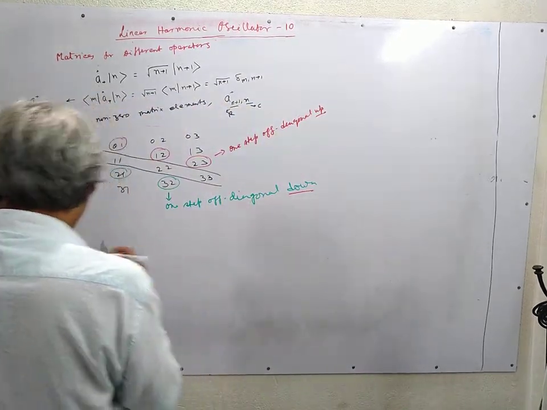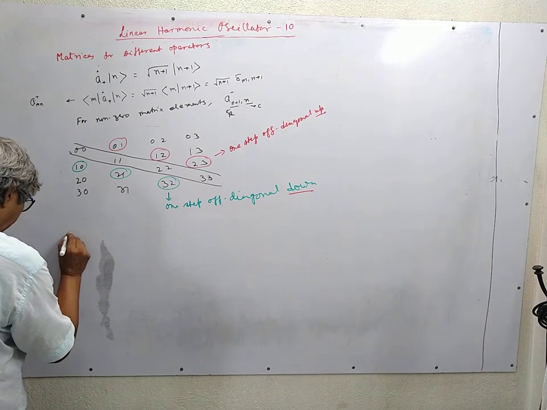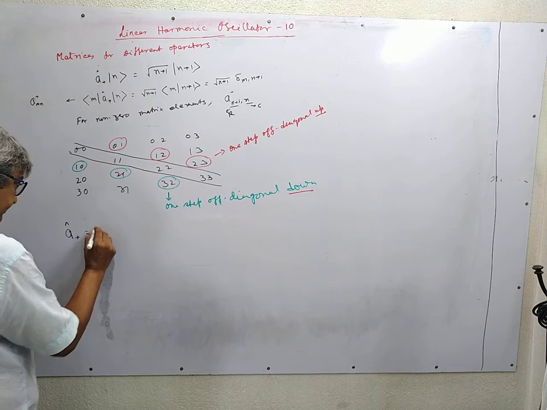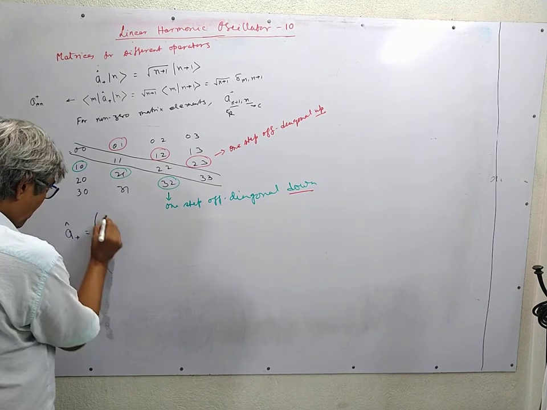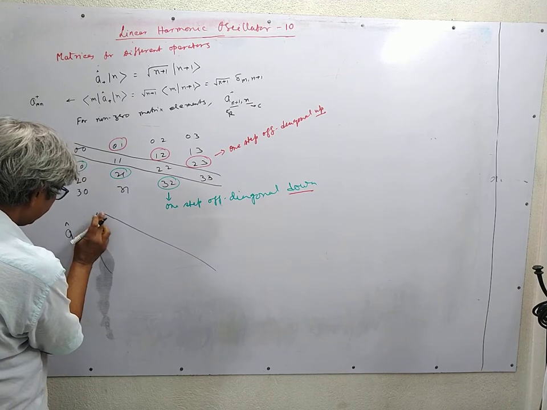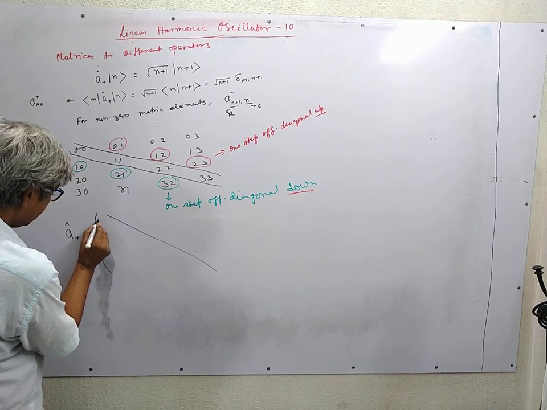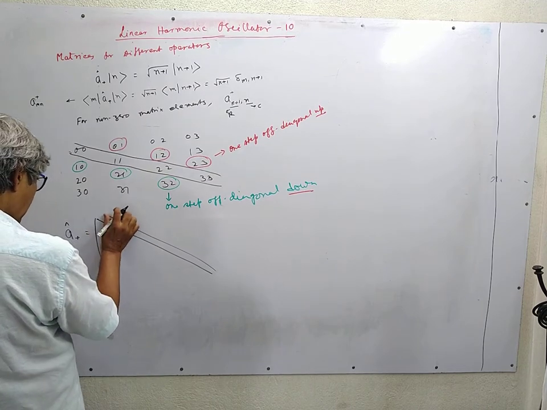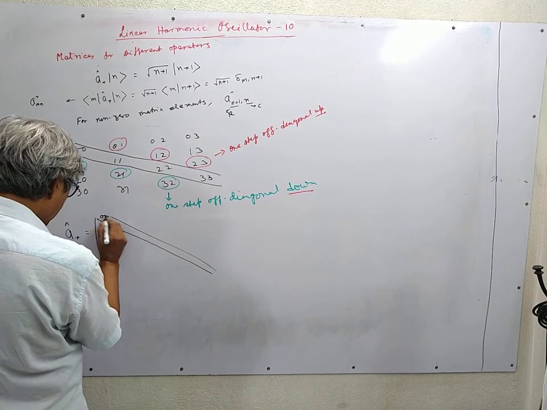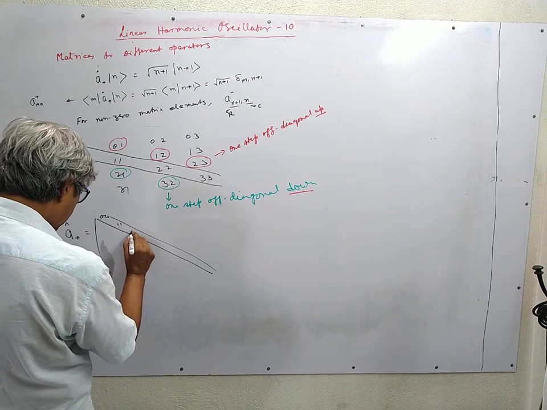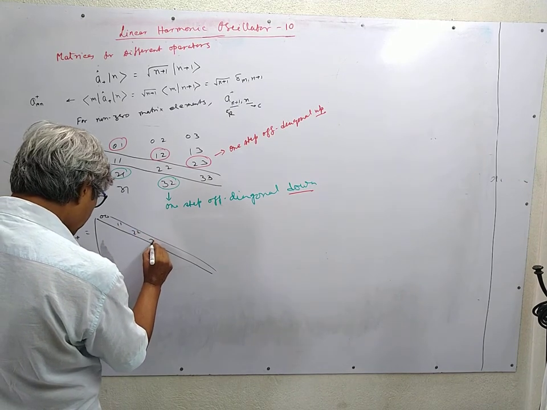It is found that the matrix elements for the A plus operator belong to this category. So we write the matrix element for A plus. We first write the diagonal elements. These diagonal elements are 0, 0, 1, 1, 2, 2, 3, 3.